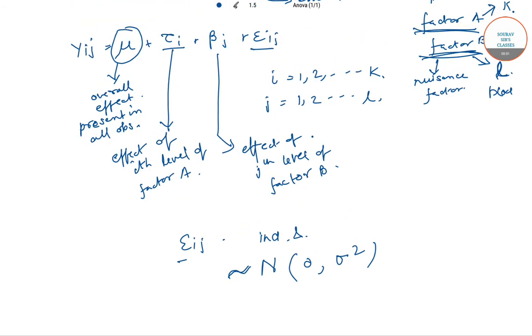Then let us denote this model as equation number 1. This equation number 1 is the effects model.